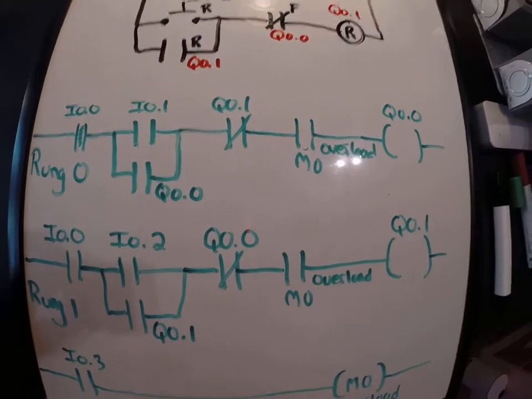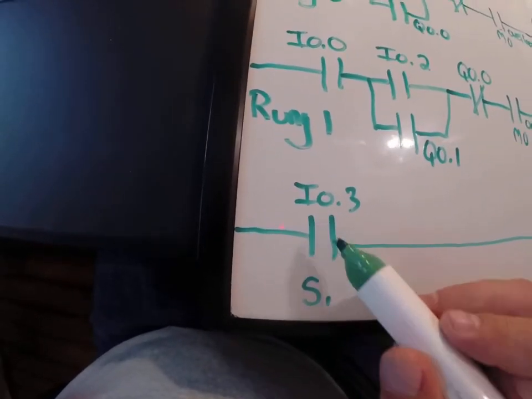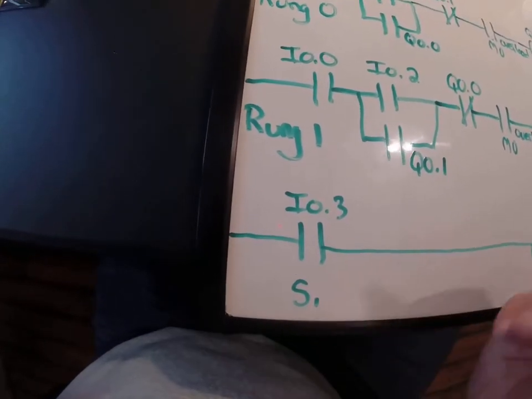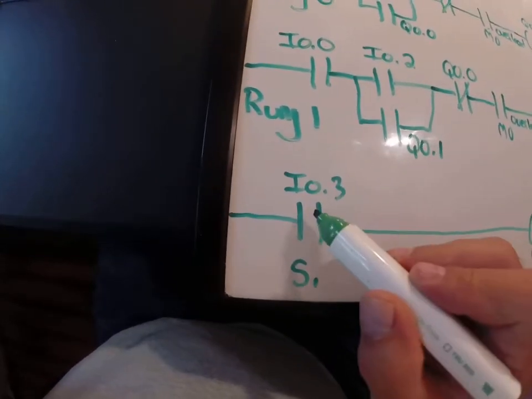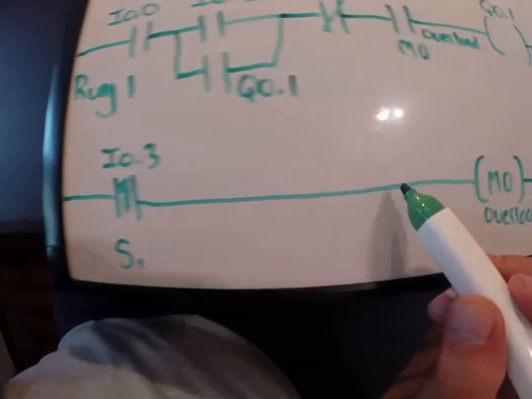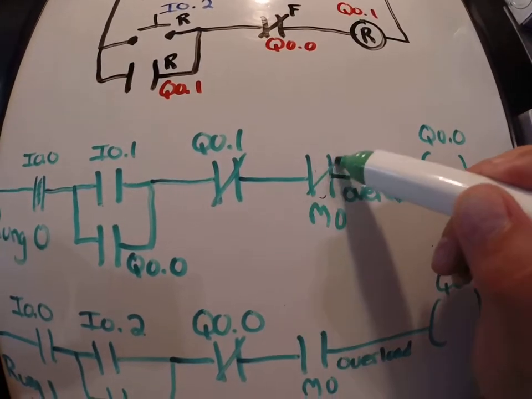Now, like I said, if I make this normally open in my lab, my switch will actually be in the on position. What's going to happen is that path for current flow will exist, and it's going to energize this M0, and it's going to close this.